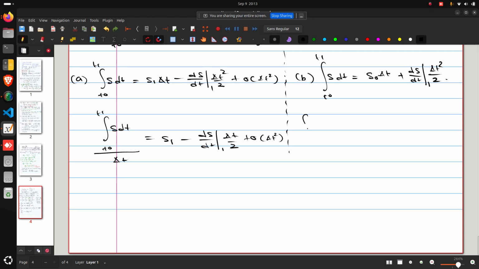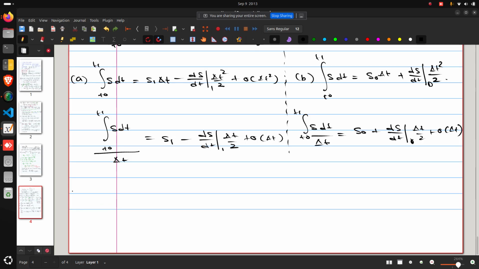Similarly here also, t naught to t1 s dt by delta t equal to s naught plus ds dt at 0 times delta t by 2 plus order of delta t.